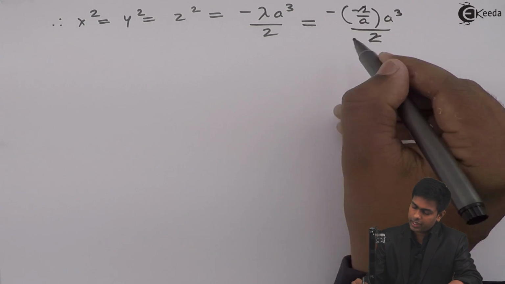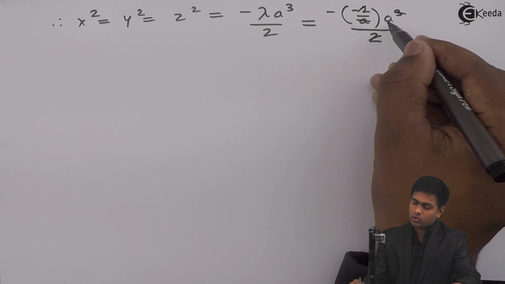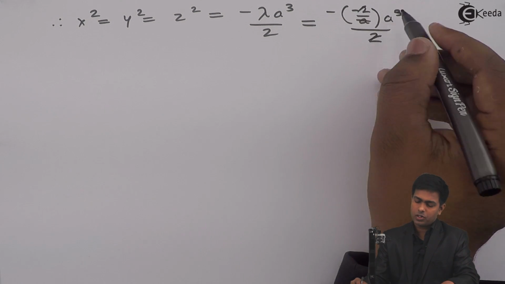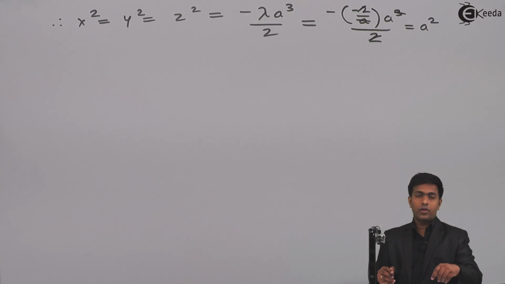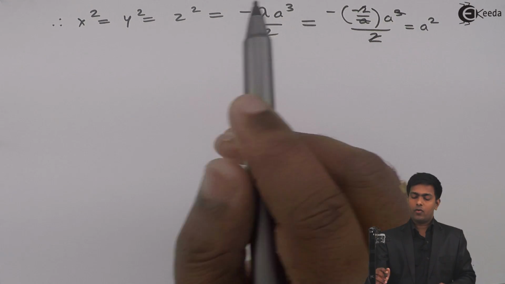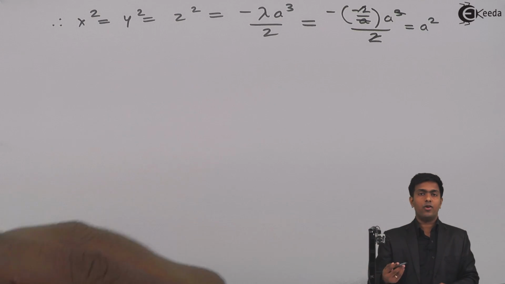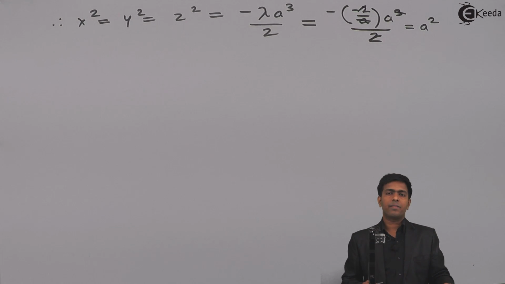Now 2 and 2 will be cancelled, a and a cancelled. So we will get a square, minus minus plus. So the value of x square is a square, the value of y square is also a square, and the value of z square is also a square.